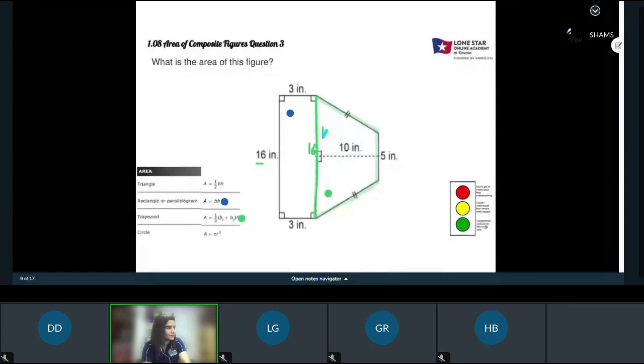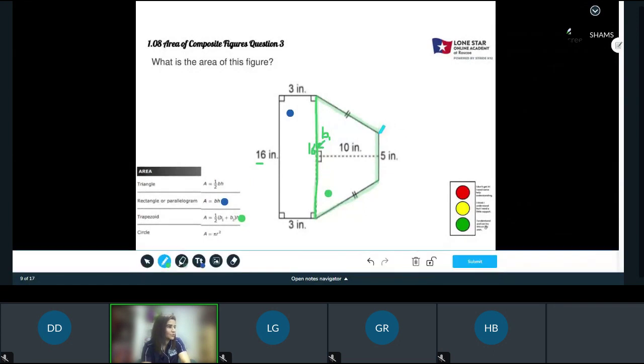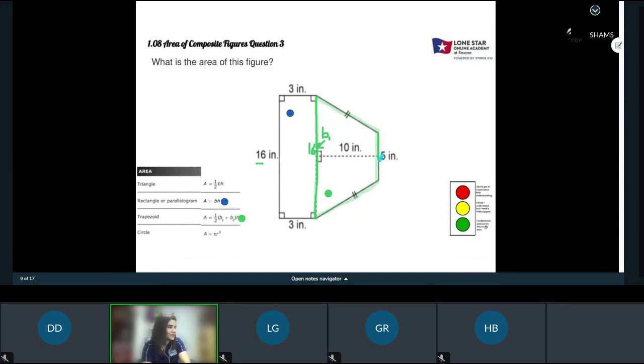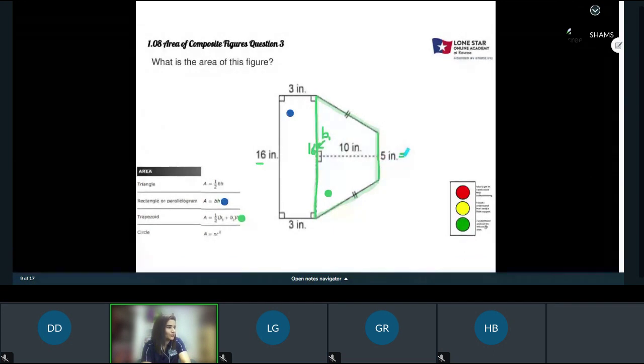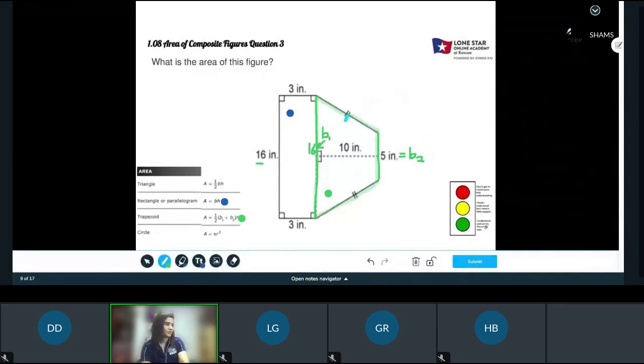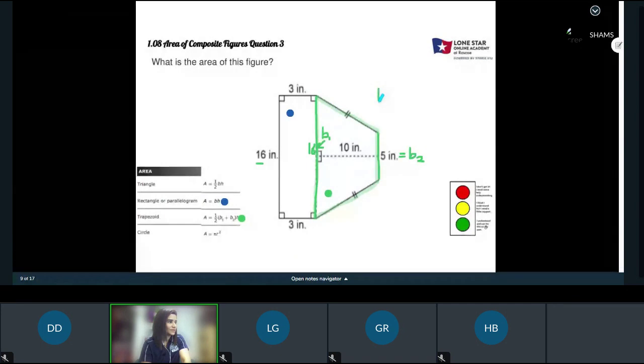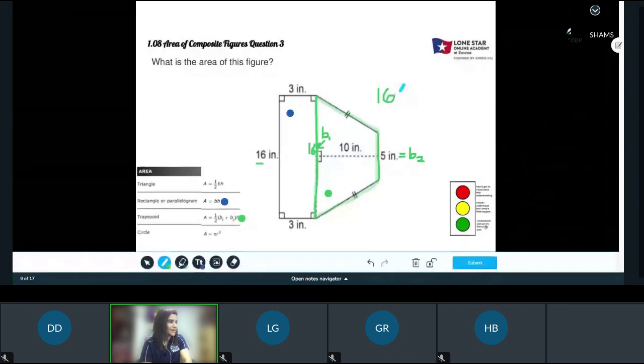I will write down base 1, 16. Then base 2 is this parallel side, 5. In a trapezoid, you have two parallel bases and you have to add them. So I'm going to add base 1, 16, and base 2, 5.